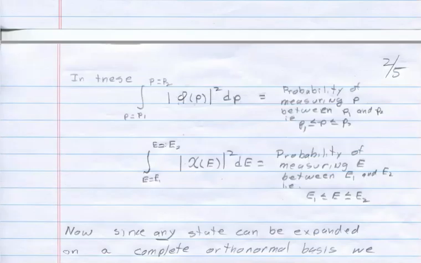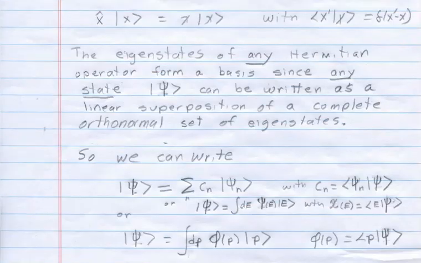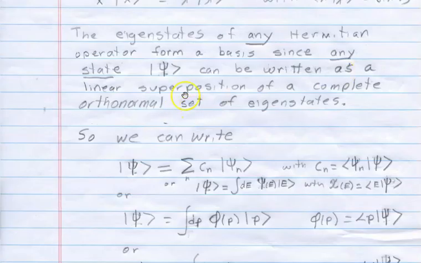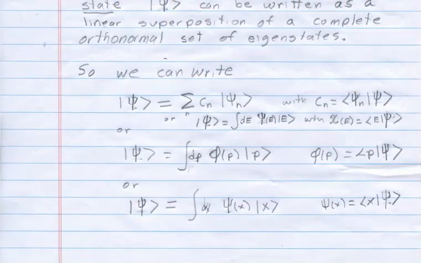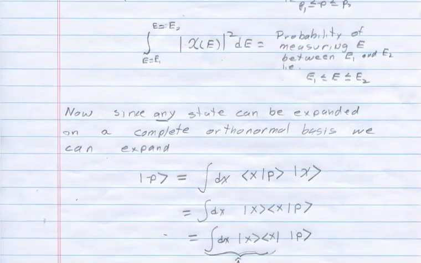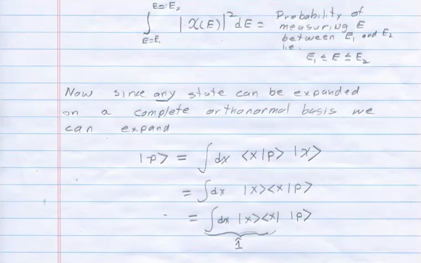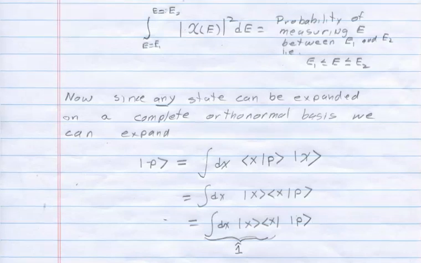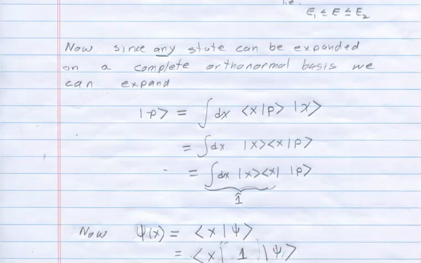Well, I kind of purposefully left off the fact that I'm not really saying that this is the wave function. This could just be any state up here. So this is any quantum state. And in that regard, since I can expand any state on one of these basis sets, then I can do things like this, right?